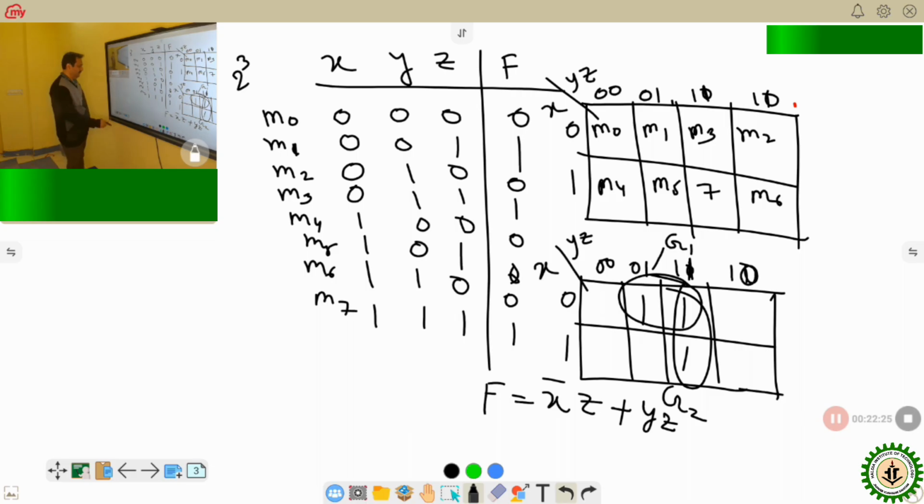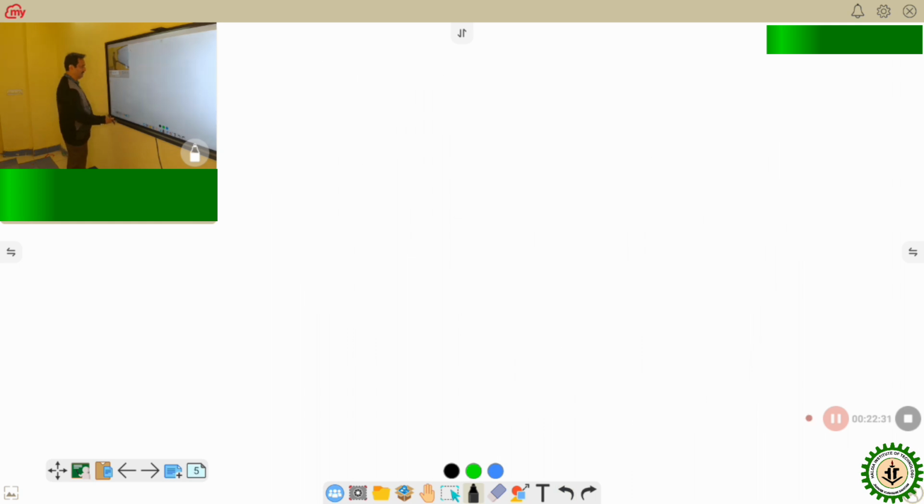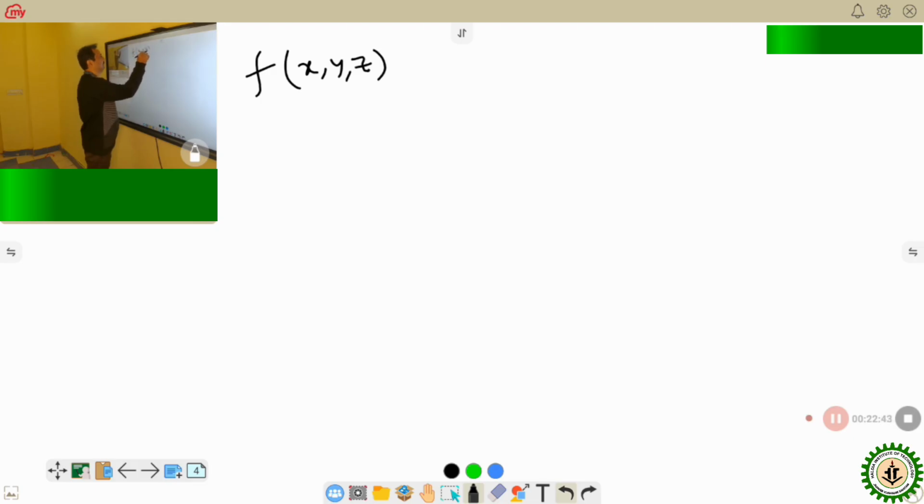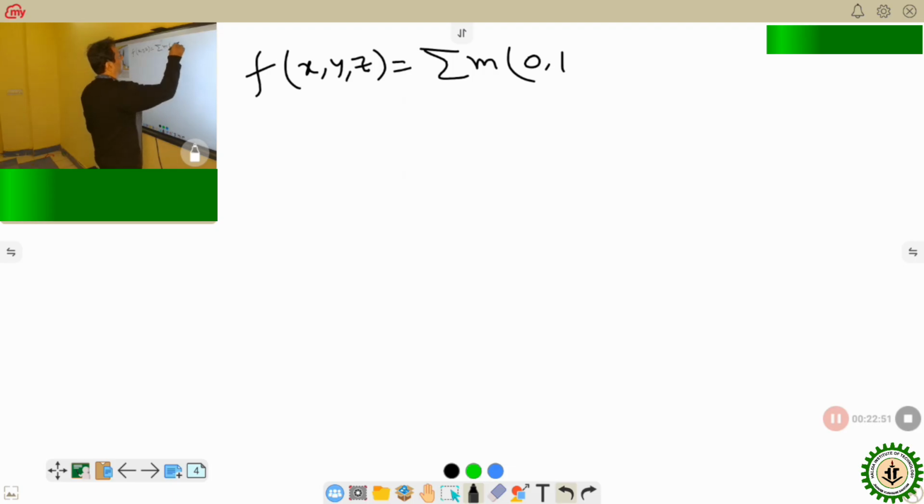Now again we will give another example of a Boolean function. Okay. Now for example the 3 variable Boolean function f of x, y, z, and this is the min term position, suppose 0, 1, 3 and 5.